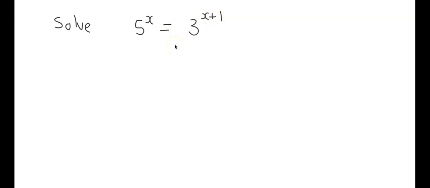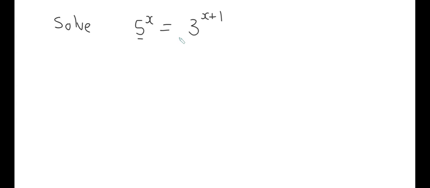Now we have a choice in terms of what base we're going to take logs to. So you could take logs to base 5 because there is a 5 here, or you could take logs to base 3. It doesn't actually matter as long as it's one of them, and even then, to be honest, if you were to take logs to another base apart from 5 or 3, you would still get the same answer, but there's a little bit more work to do.